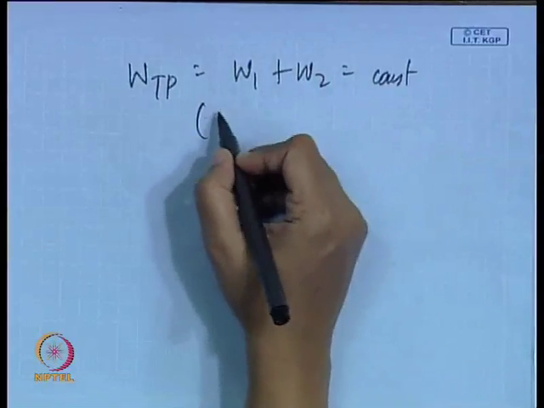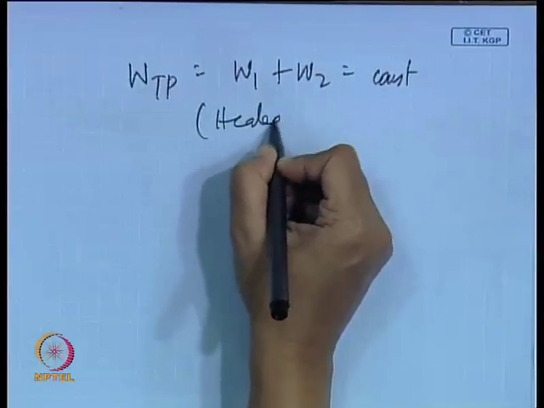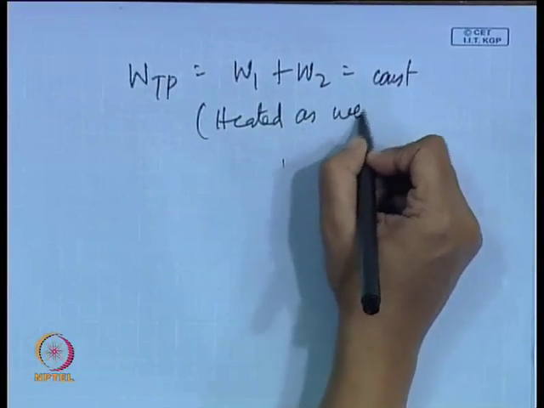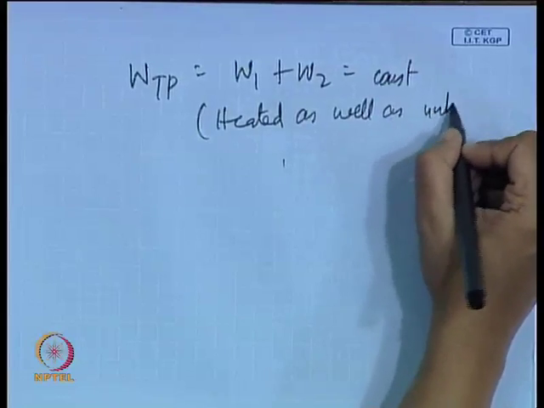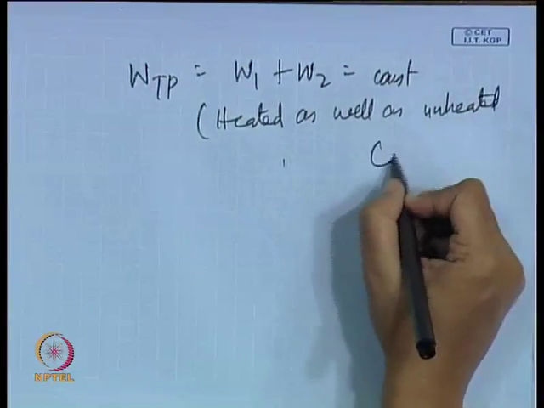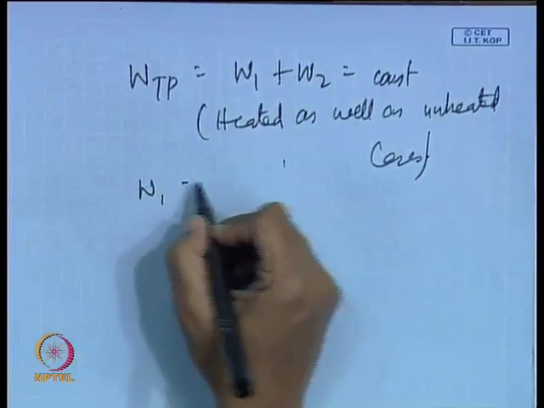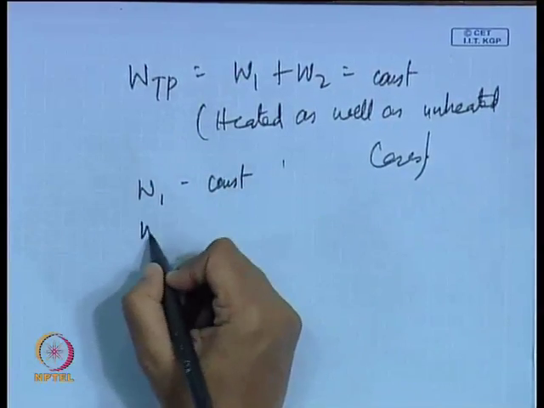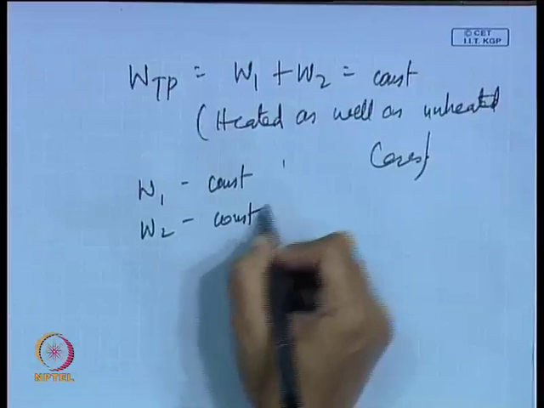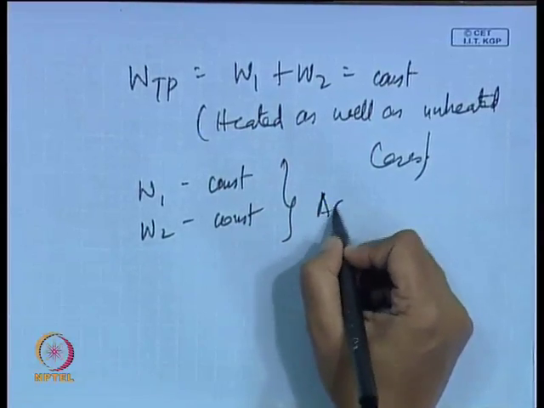This is true both for heated as well as unheated cases. But in unheated cases, what happens? In unheated cases, W1 is also constant, and W2 is also constant under adiabatic conditions.